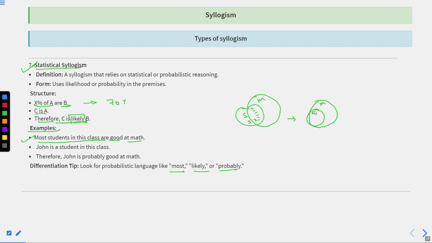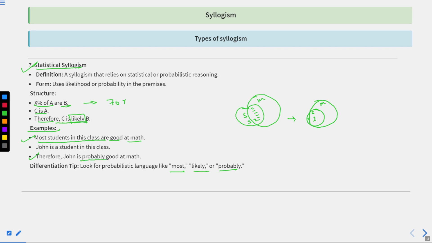What we can infer is that the majority of the students are good in maths in this particular class. Now, John is one of the students. So John can be here also. And John can be here also. Okay. But what we can derive from this example is that the inference says that John is probably good in maths.